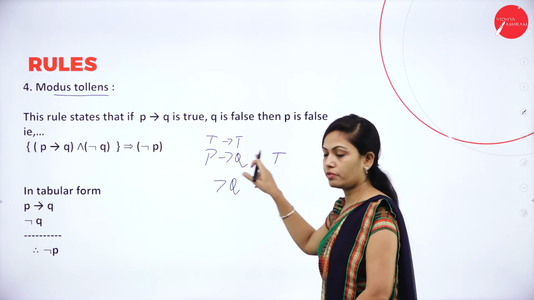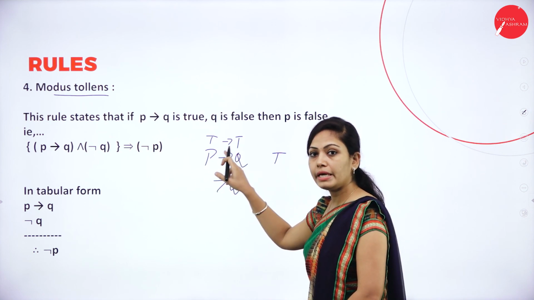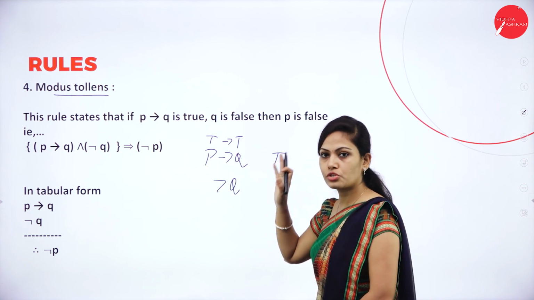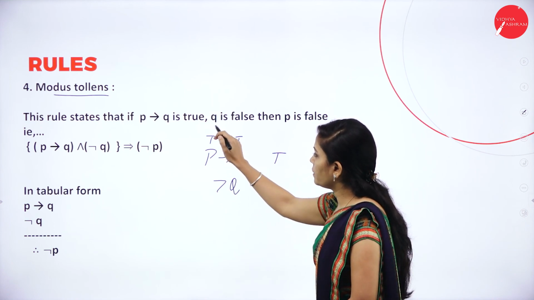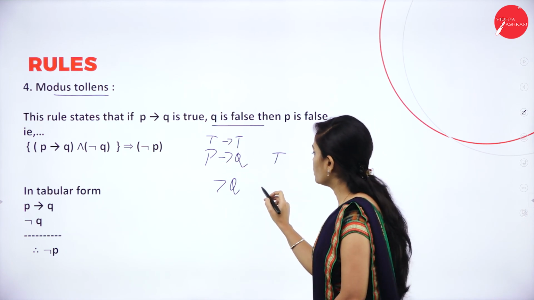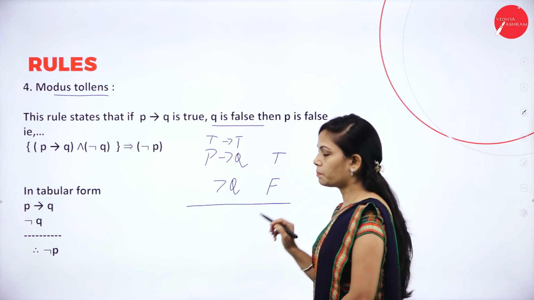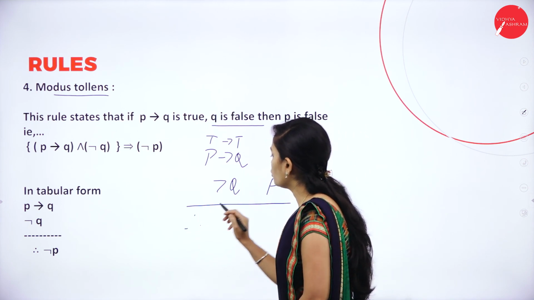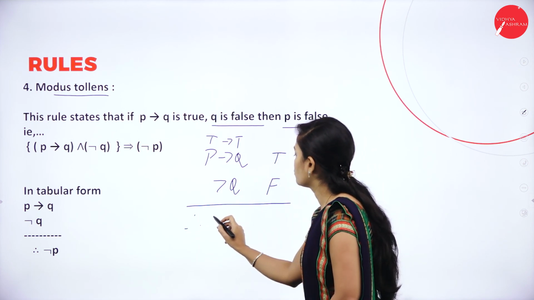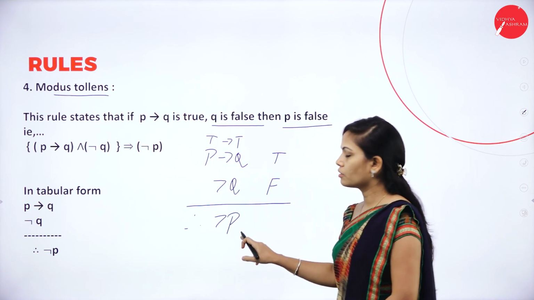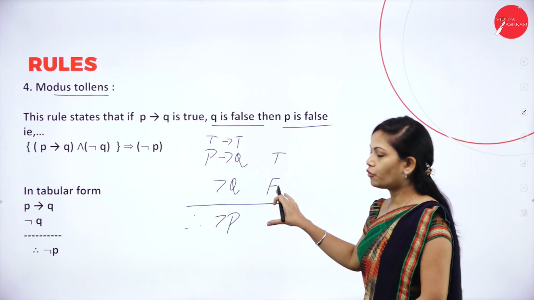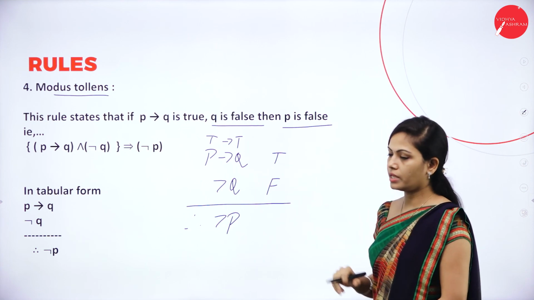True, false means what? We will get a false condition. So, P implies Q is true, and Q is false means negation Q. Therefore, the conclusion is P is false, negation P. This is the tabular form of modus tollens.